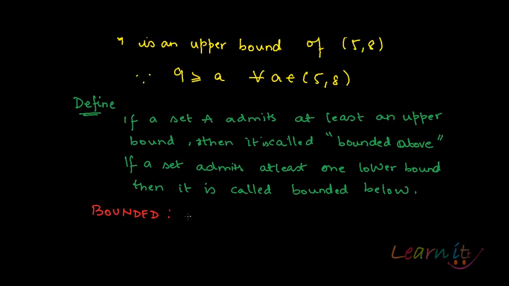So a bounded set essentially means a set that is both bounded above as well as bounded below. These are the short forms, bounded above and bounded below. Then you call a set bounded.